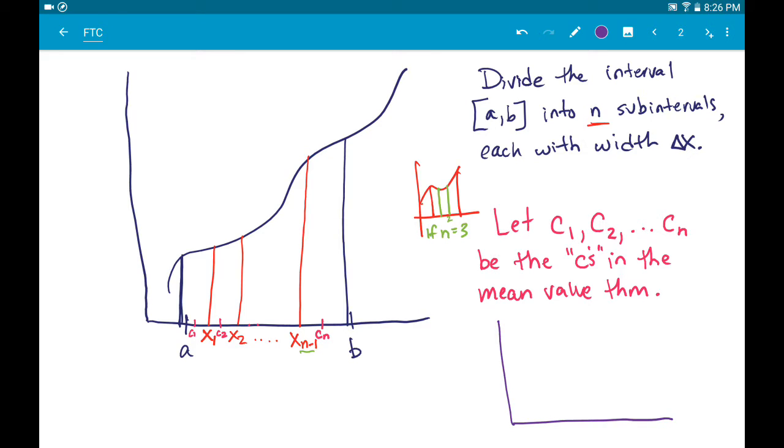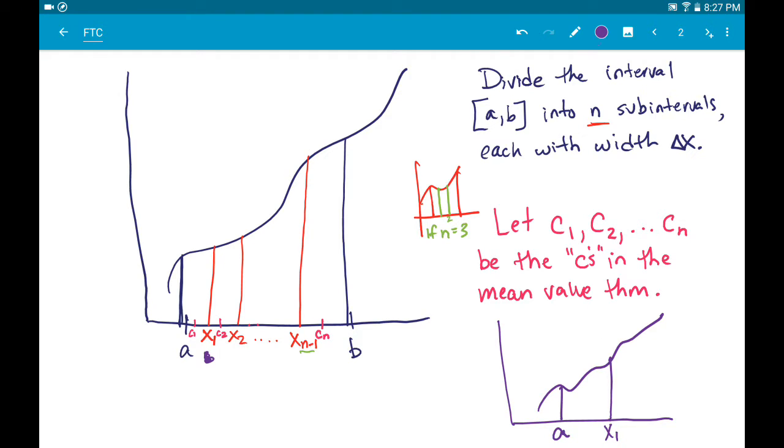If we zoom in real quick on part of my function, I have my a value here, and then my first rectangle, talking about this position over here, is x1.